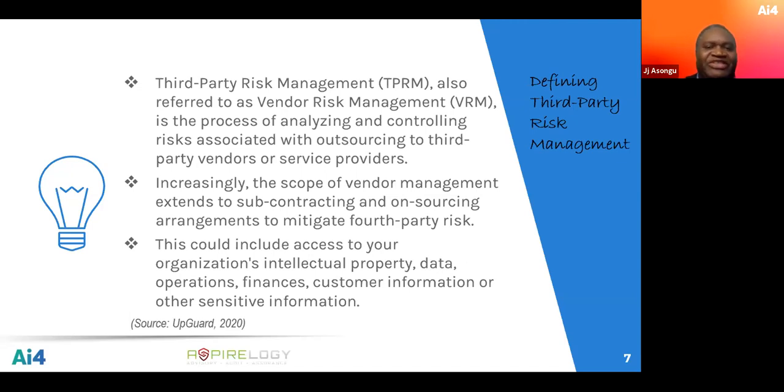Therefore, third-party risk management is trying to help you protect yourself against vulnerabilities that may be introduced into your organization from your vendors or from your third parties. And as we've mentioned, we also have to look at the vendors who supply things even to our vendors. That is what we're calling third parties or subcontractors.